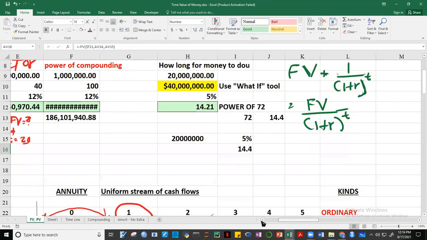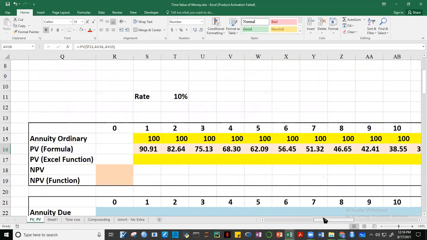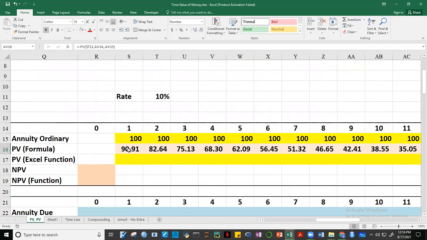Okay? So, alright, back to my question. Ito guys, mga present values na to, no? Can we now add them? Yes or no, please? Pwede ba natin i-add na sila? Okay.